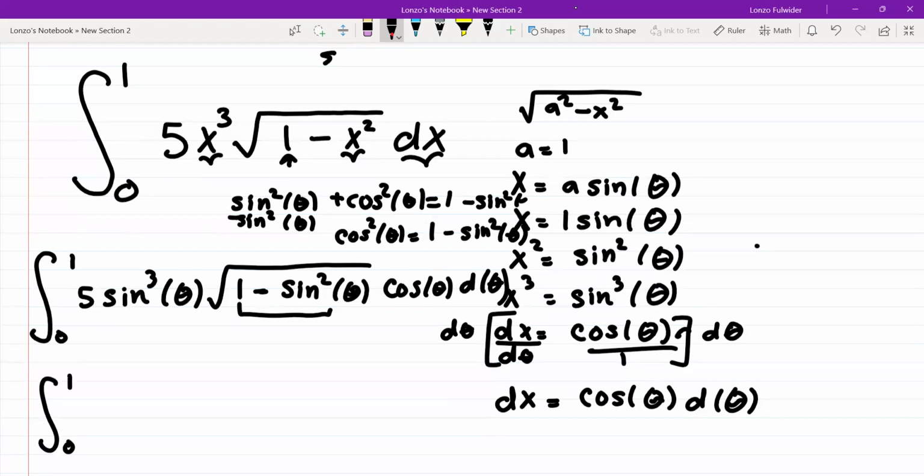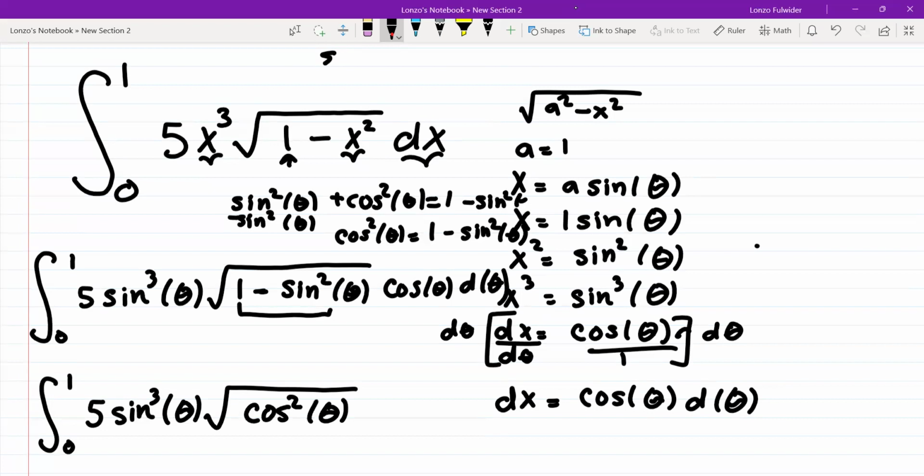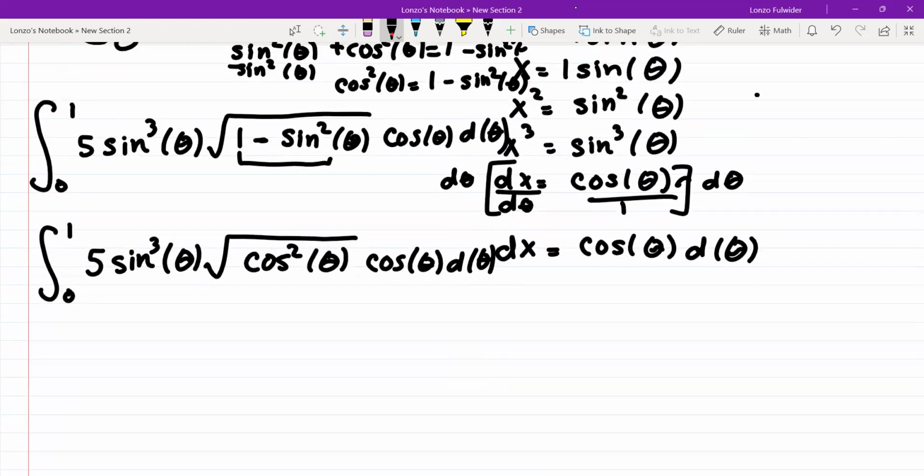That's 0 and 1. And then we have 5 sine cubed theta. 1 minus sine squared theta is cosine squared theta, times cosine theta. The square root of cosine squared theta is just regular cosine theta.